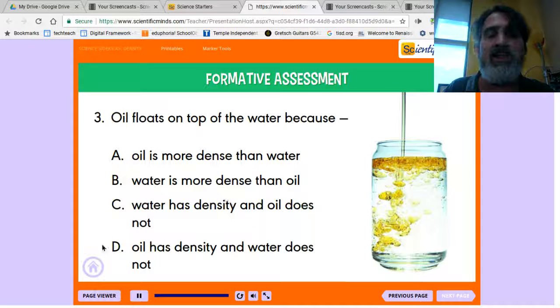So remember, we get rid of the goofy answers. Okay, oil has density and water does not. That's also a goofy answer. So C and D, we know straight off it's not that. And we talked about the fact that oil is less dense than water a minute ago. So we know that it's going to have to be B. Water is more dense than oil.